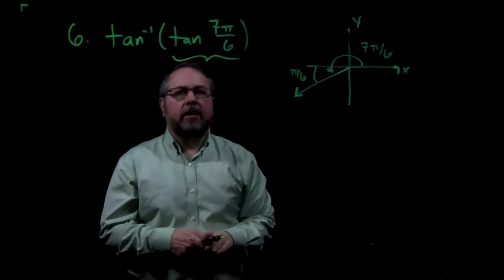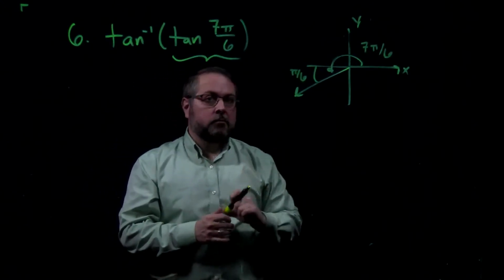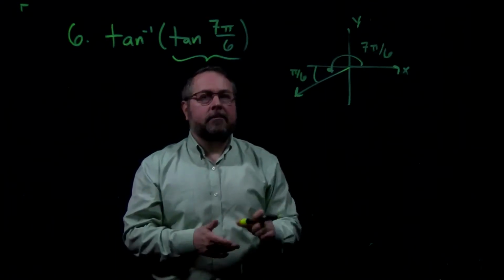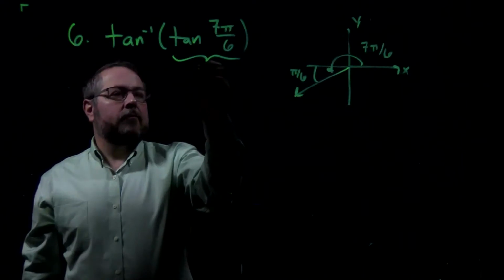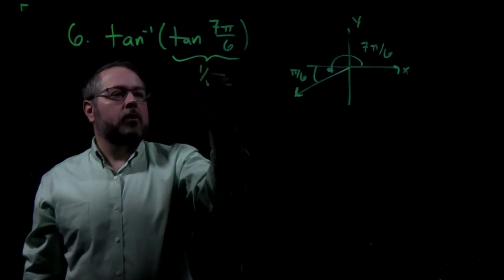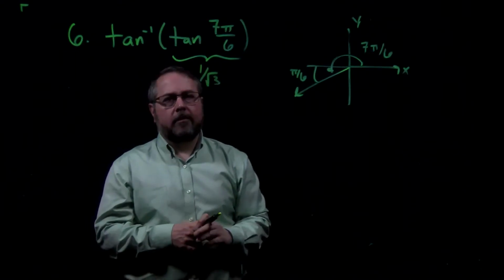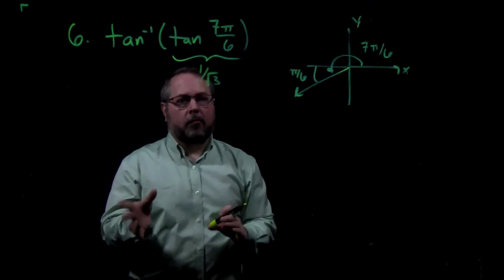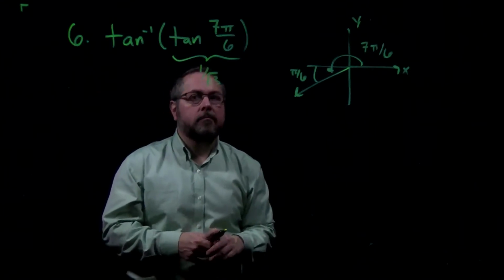It's pi plus pi over 6. So the tangent is going to be positive because we're in the third quadrant. It will have the same tangent value as pi over 6. So the tangent of 7 pi over 6 is 1 over square root of 3, or if you prefer to rationalize denominators, square root of 3 over 3.